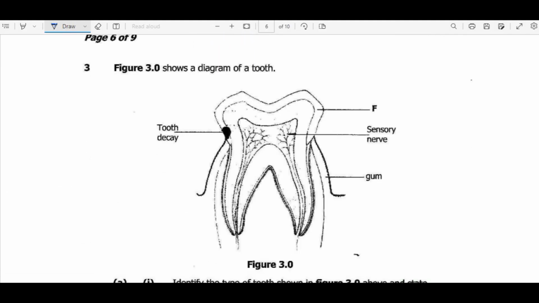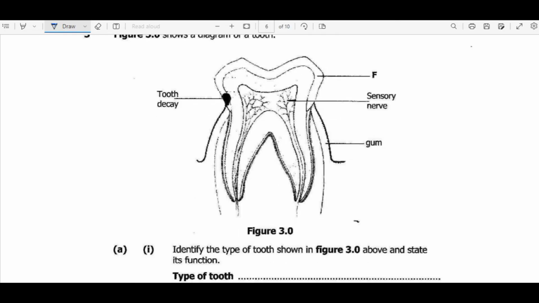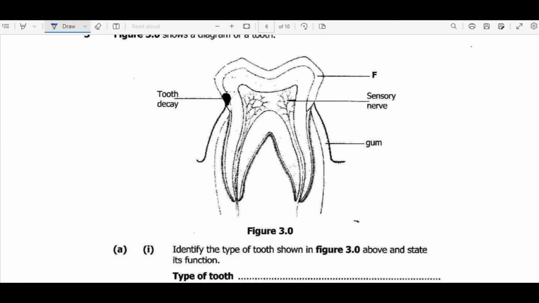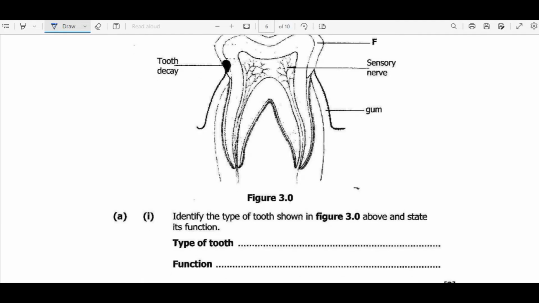Okay, we move on to question 3. Under question 3, figure 3.0 shows a diagram of a tooth. Then we have been shown a region where there is a tooth decay. We have part labeled F, we have sensory nerve, then gum here. Then A1, identify the type of tooth shown in figure 3.0 above and state its function.